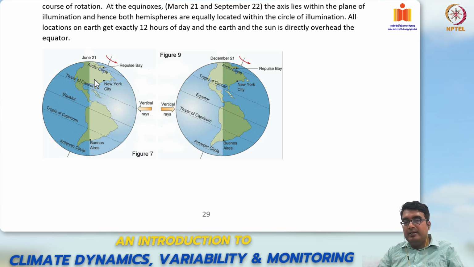So during this period, the effective angle between the axis and the circle of illumination will be between 0 degrees and plus 23.45 degrees. Okay.